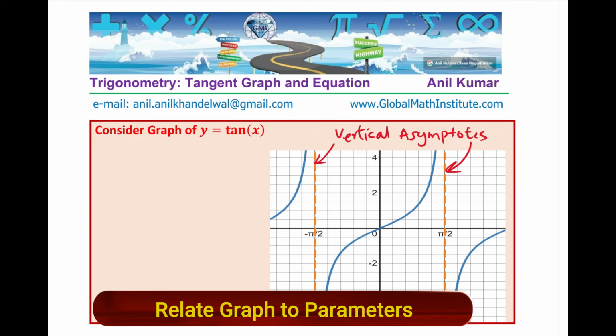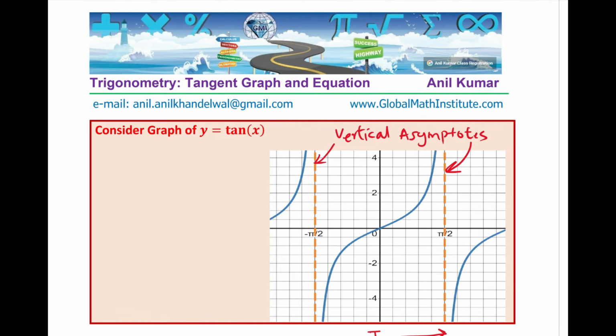In between the vertical asymptotes, that separation is one particular cycle, and one cycle for tan x is from minus pi by 2 to plus pi by 2, and this time period is equal to pi. So let me write down here. Time period is equal to pi.